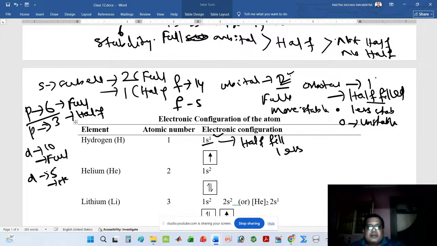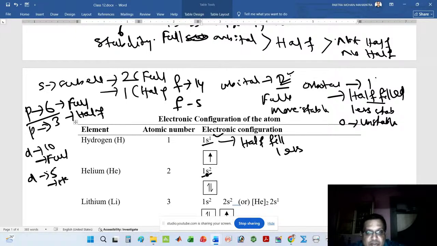If an orbital is full filled, then it is most stable. If an orbital is half filled, then it is less stable compared to full filled. If an orbital does not have any electron, that is said to be unstable.